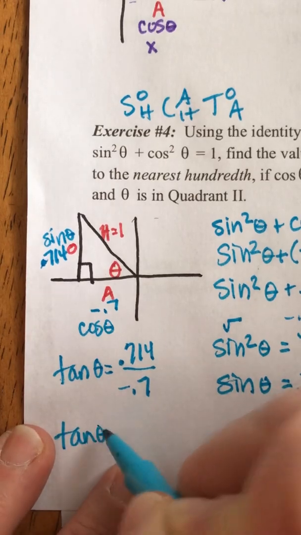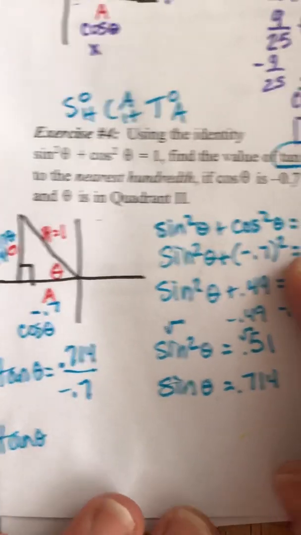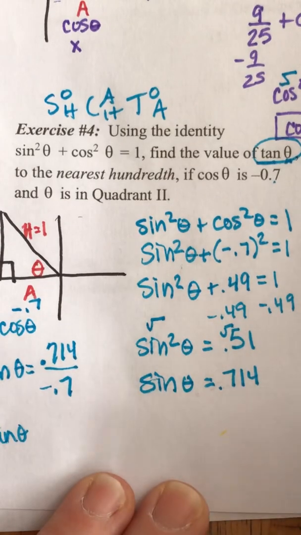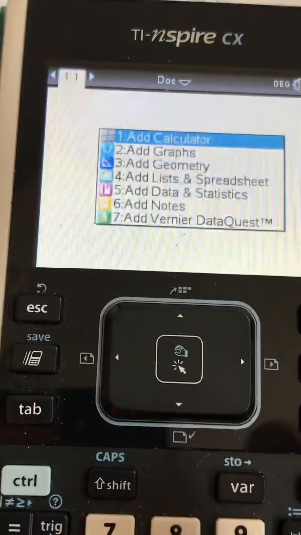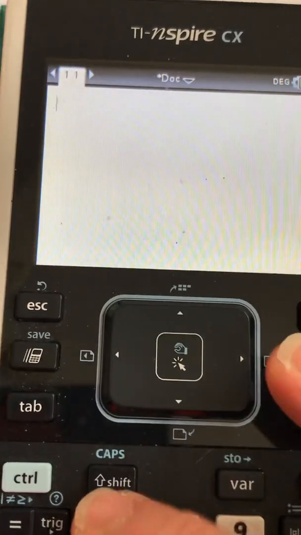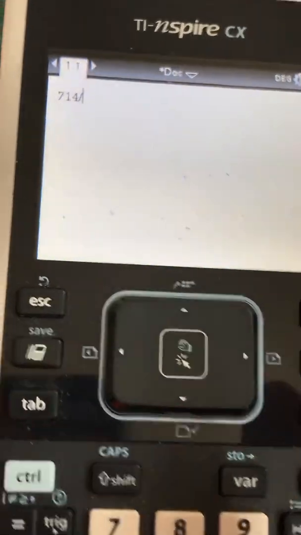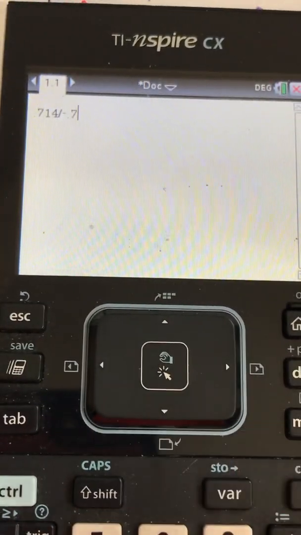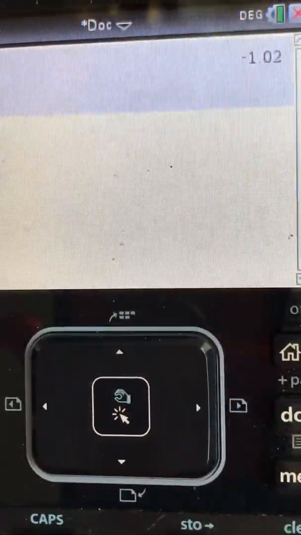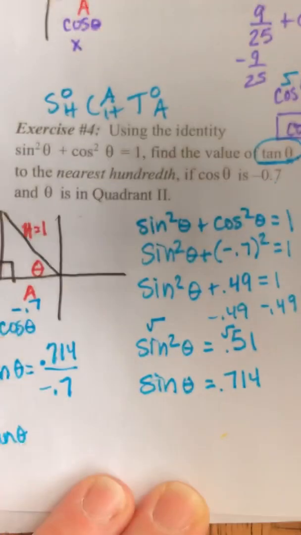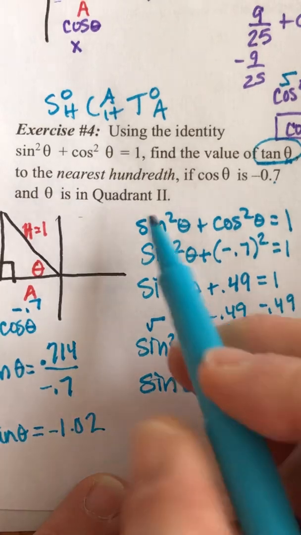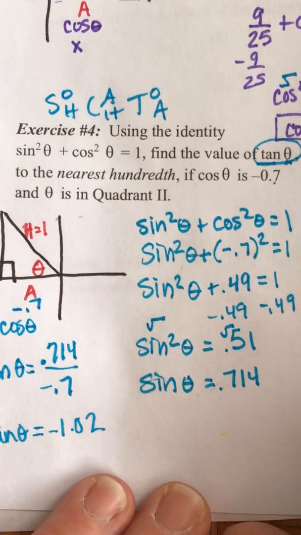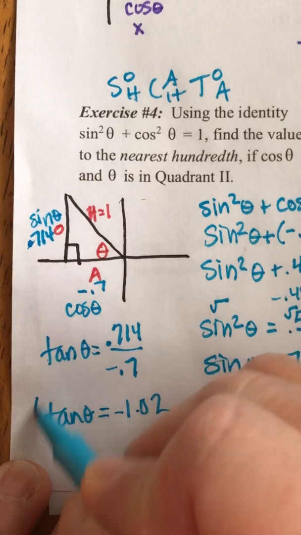I'll tap that into the calculator: 0.714 divided by negative 0.7. Negative 1.02. That's already rounded off to the nearest hundredth, so it looks like we're good. Tangent is negative.